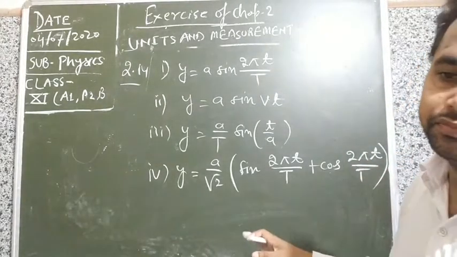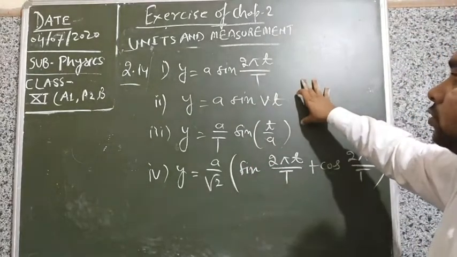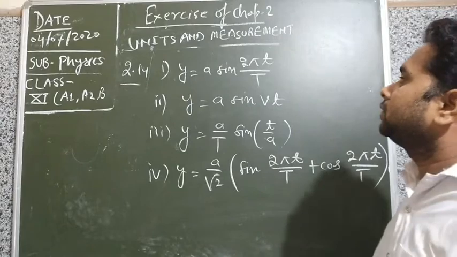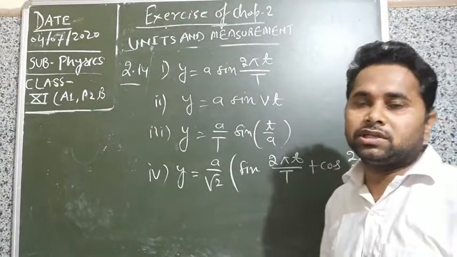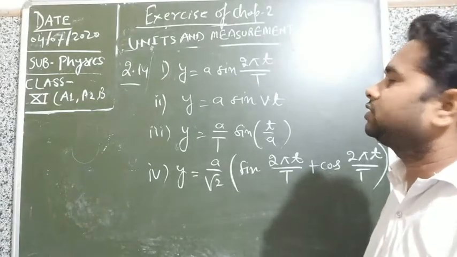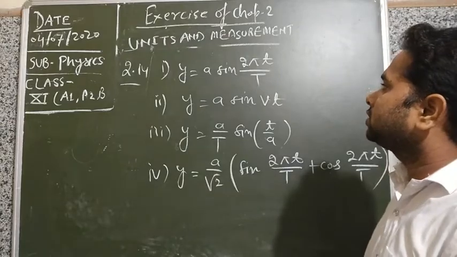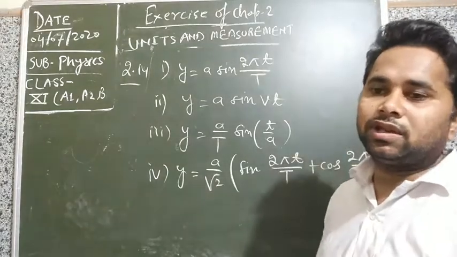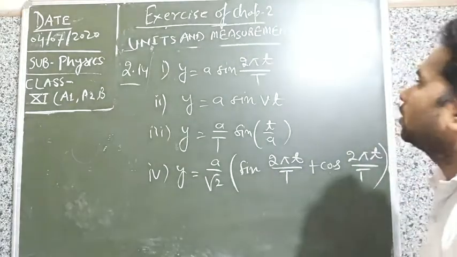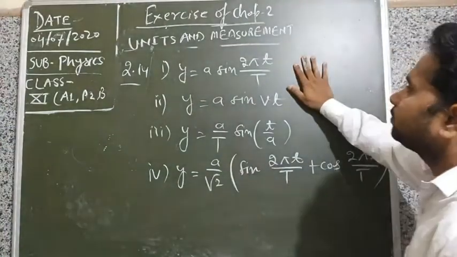Now see here, these four relations are for periodic motion. It is the general equation for displacement of periodic motion. You will see these expressions at the end of the book, in the chapter on periodic motion.